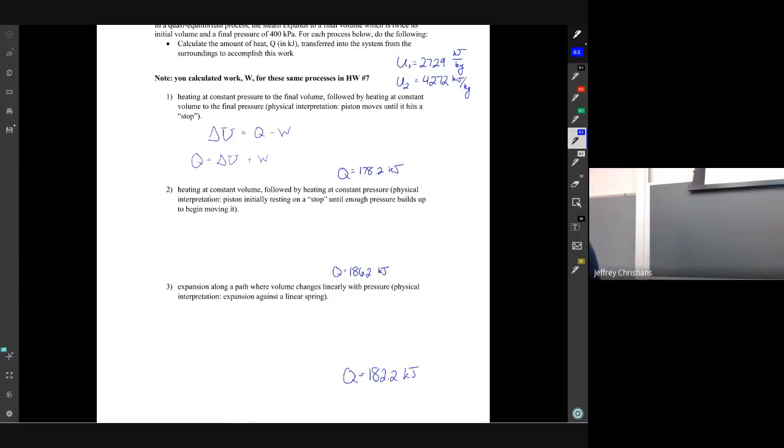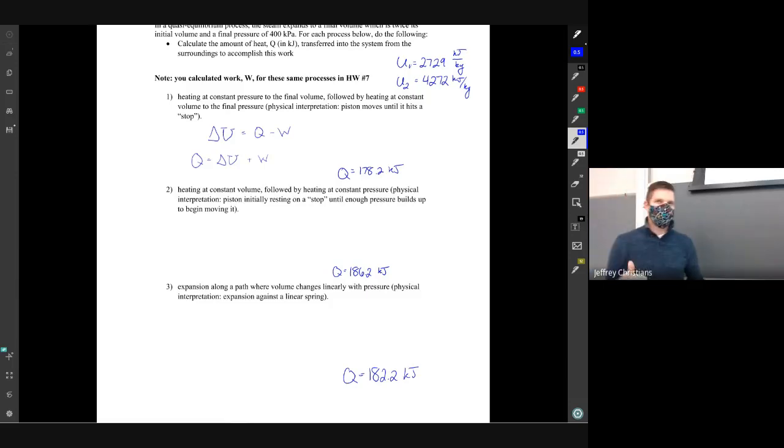Okay, so just like we had differences in work for different paths, we're also going to have differences in Q for different paths.